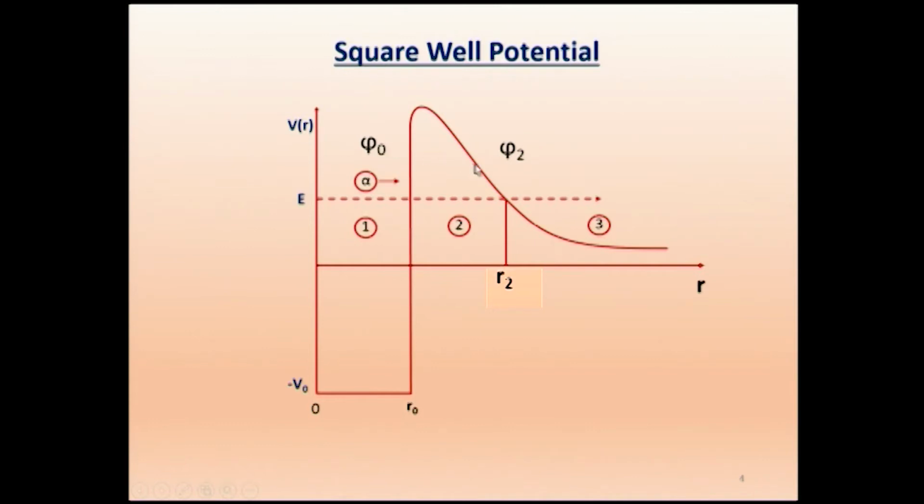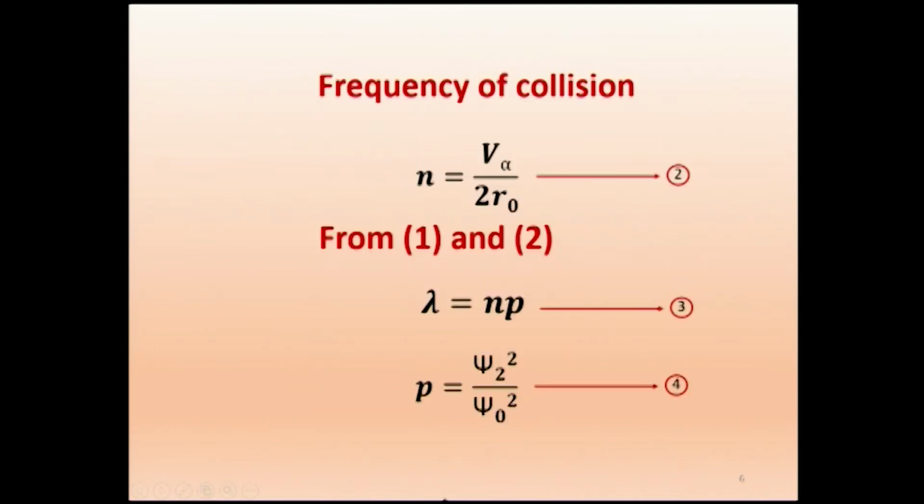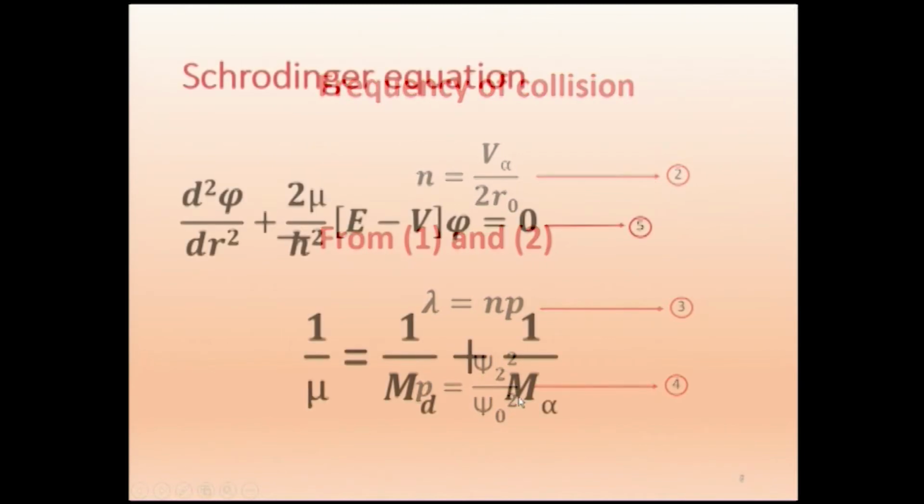Quantum mechanically, psi 2 squared is the probability density outside, and psi 0 squared is the probability density inside. So, this squared by this squared will be the probability. We get equation 4. Now, we will proceed to find psi 0 and psi 2, and once we put them into P, I can get lambda. So, we will go to the next one.